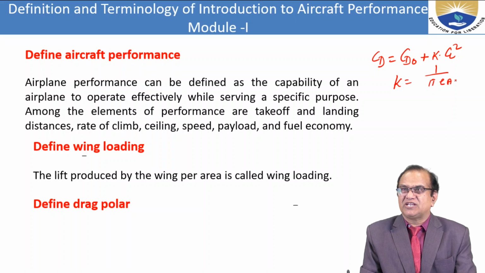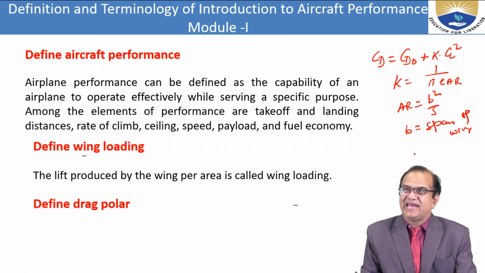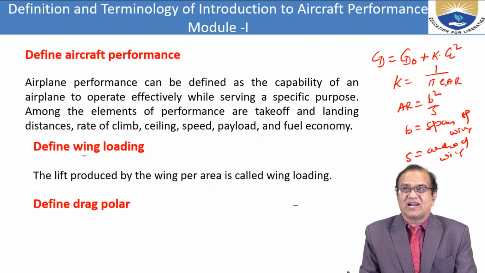E and aspect ratio, where aspect ratio AR is equal to B square by S, where B is the span of the wing and S is the area of the wing. E is the Oswald efficiency, which is equal to or less than 1.